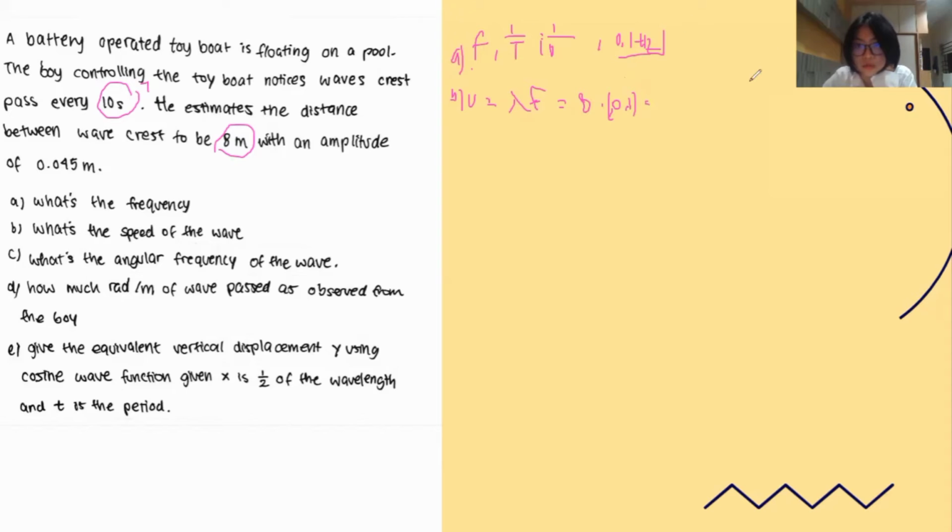And 8 times 0.1 would equal 0.8. And that is for B. Meter per second.